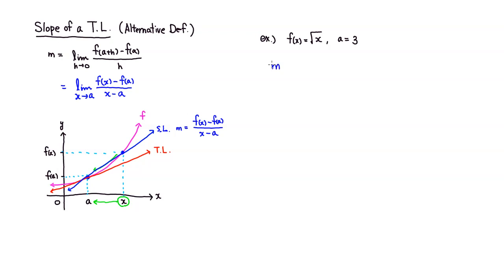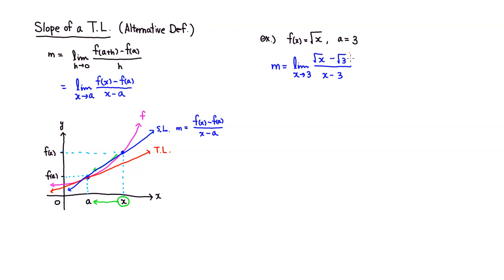The slope of the tangent line m is equal to the limit as x approaches a, in this case 3, of f of x, which is square root of x, minus f of 3, which is square root of 3, over x minus a. Let's compute that. As x approaches 3, the denominator goes to 0 and the numerator goes to 0. So we're going to have to use a trick.